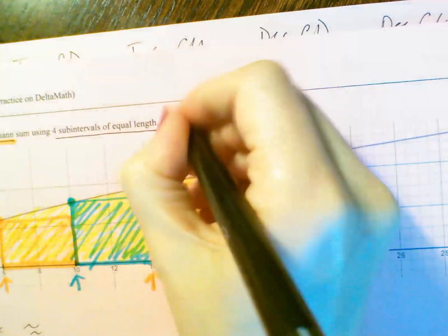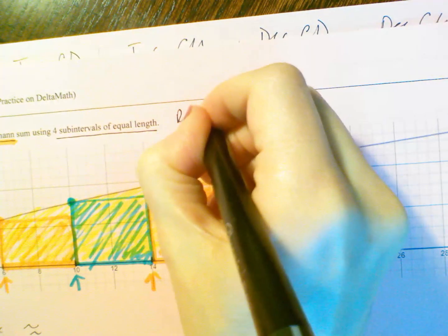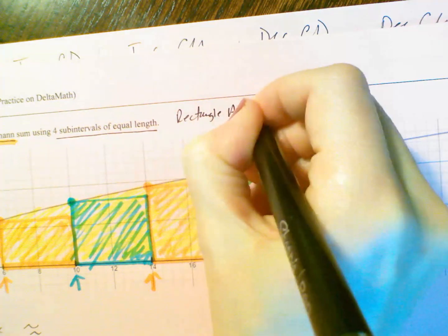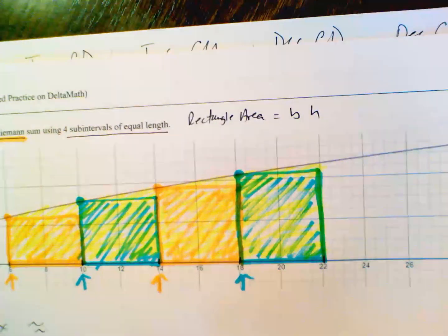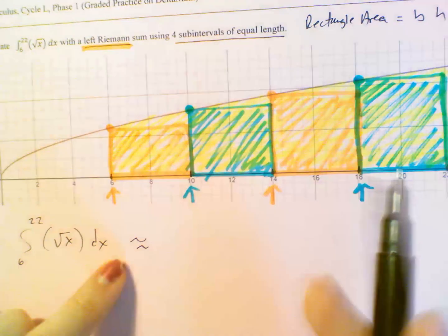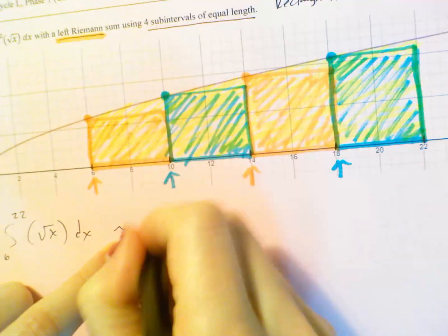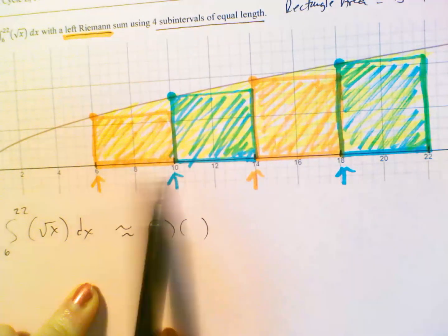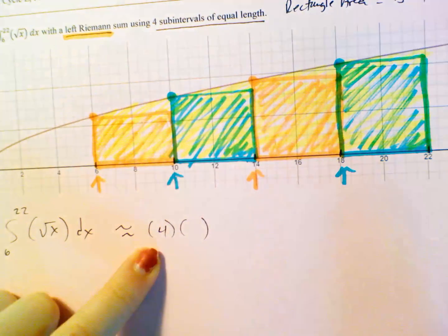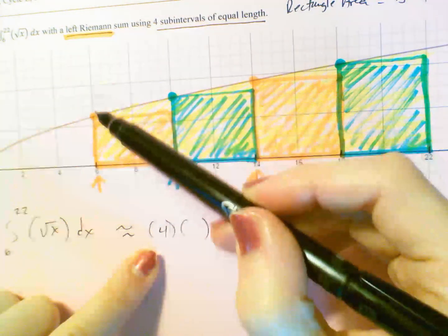okay, rectangle area is base times height. So I'm going to do base times height for each rectangle. So base times height for this first rectangle. The base is the subinterval length, that's 4. And then for the height, guys, what is this length here?